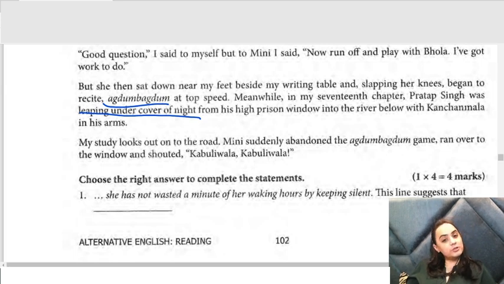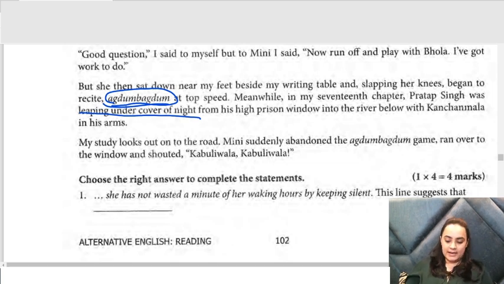So the father told Minnie to run off and play, but what did she do on the other hand? She sat on the ground near her father's feet and started reciting a song. This Agdum Bagdum is a song. So she started reciting it at a high volume.